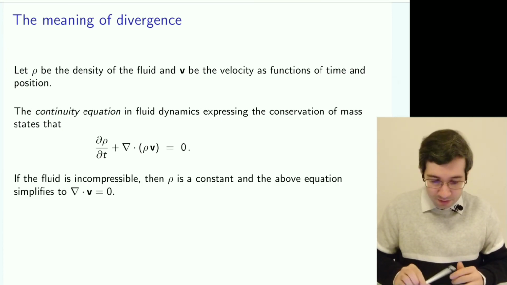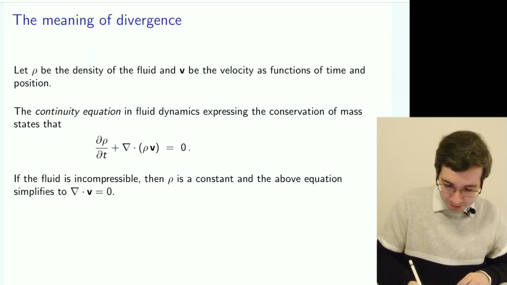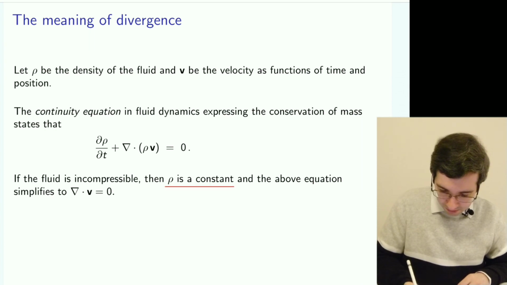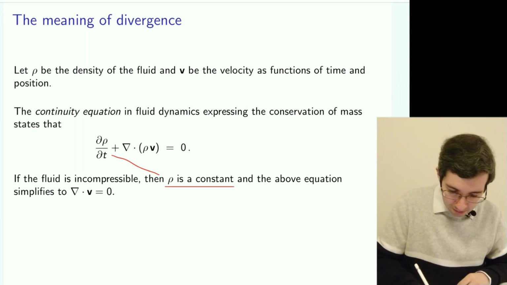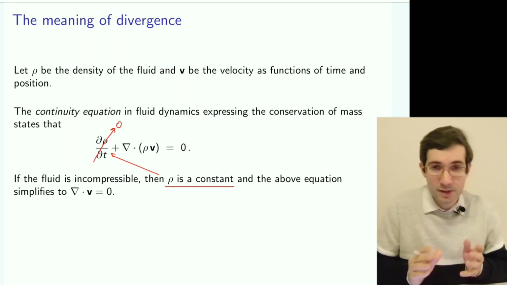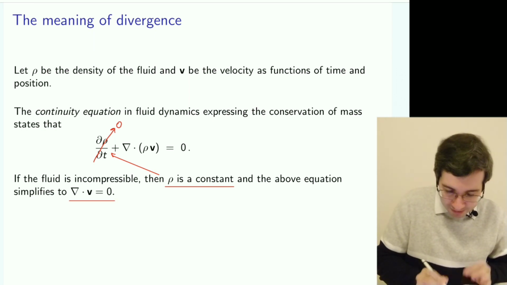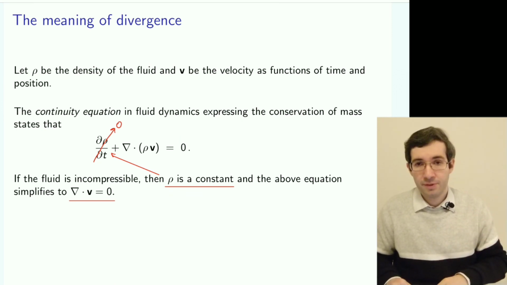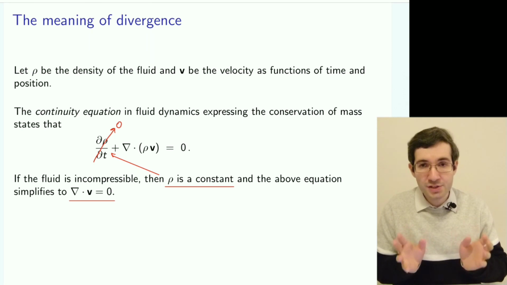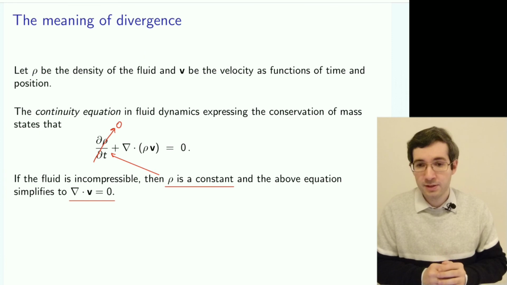And if density is constant, if the rho is constant, then this term will disappear because it doesn't depend on time, and you will have an equation which is exactly telling you that divergence everywhere is zero. That means that there is no local change in density, which is a very powerful statement.